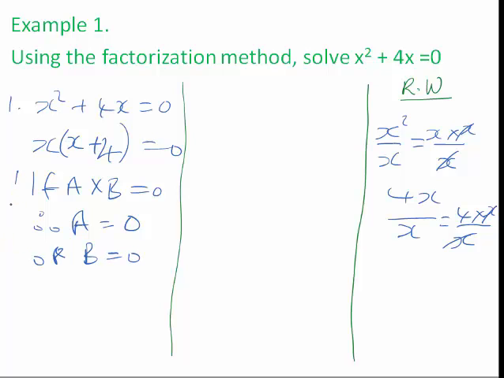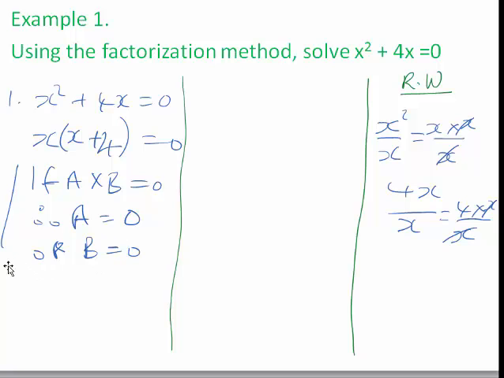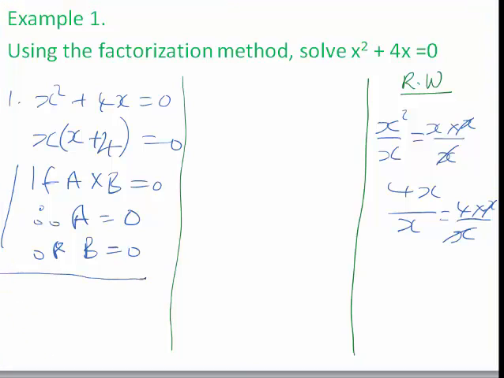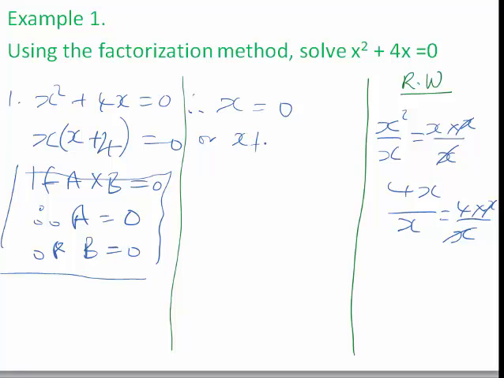So if we apply this relation to what we are doing, you will now see that x times x plus 4 is equal to 0, therefore x is equal to 0 or x plus 4 will be equal to 0.